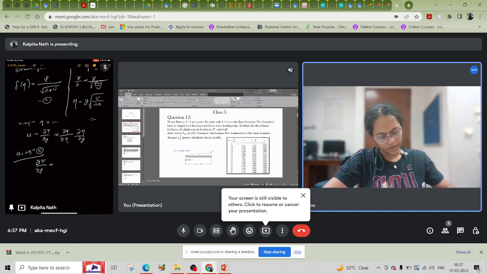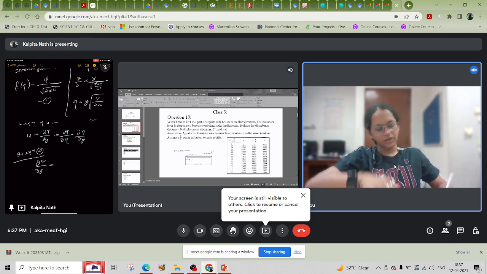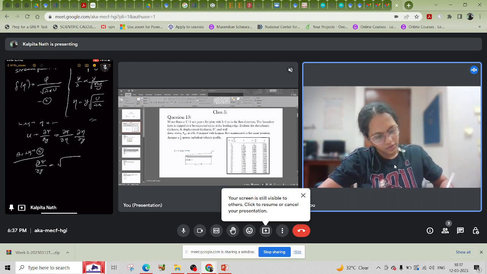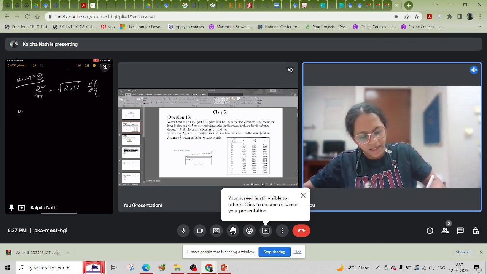Psi is equal to root over nu x u f, so del psi by del eta is root over nu x u df d eta. Okay.